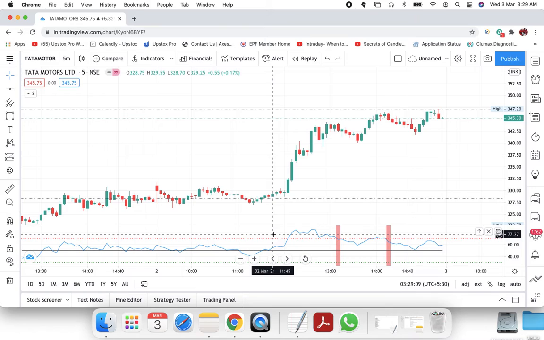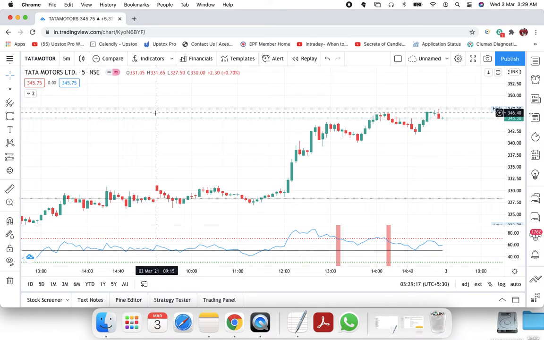So if you want to use TradingView, you can use it. And for today's topic, I have taken Tata Motors. You can take any of your favorite scripts and start applying whatever we are going to see today.